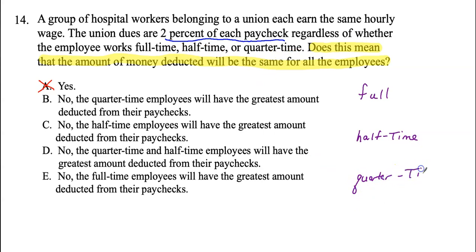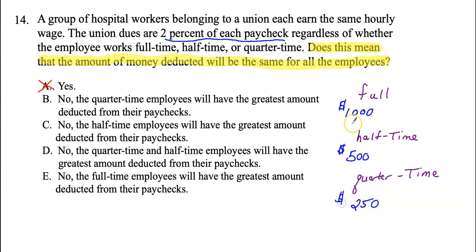So let's just make up some numbers. Let's make up a paycheck for the full-time employee. Let's say he makes $1,000. So I'll put the full-time employee makes $1,000. And the half-time employee would make $500. And the quarter-time employee would make $250.